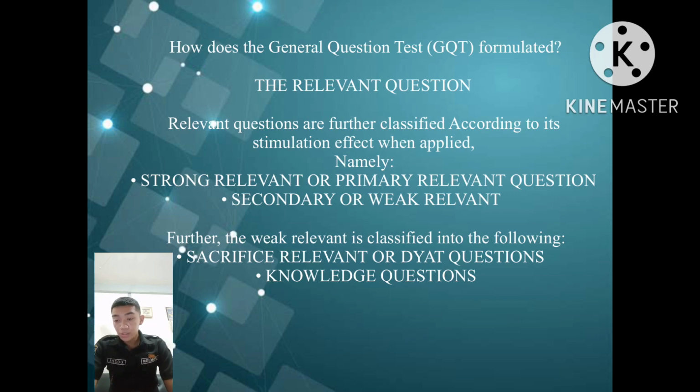Reaction to these questions gives the examiner a clue as to the subject's attitude, willingness, or voluntariness to submit to the test. Example, regarding the stolen iPod, do you intend to answer truthfully each question about that?